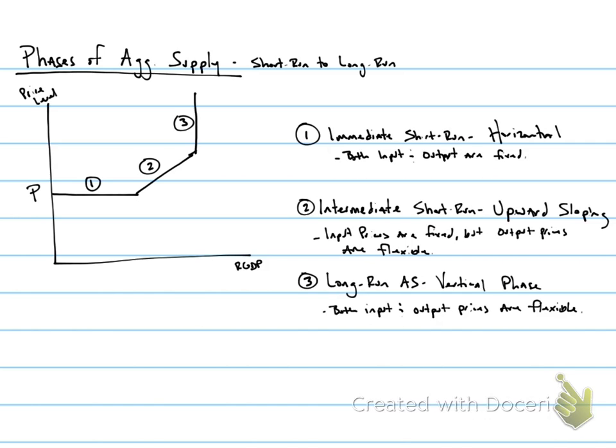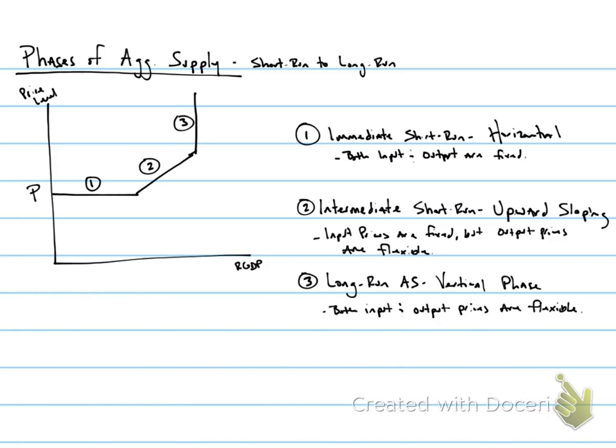And during this time frame, our curve is vertical because any change in our selling price during this long run period is also going to translate into a change in our production costs, our input prices. And so our profit margins aren't going to grow at all. And so this is the time frame when we have reached a fixed amount of production, which we call our potential.